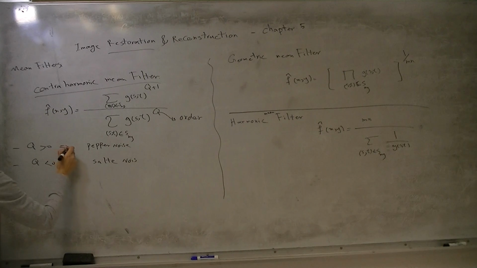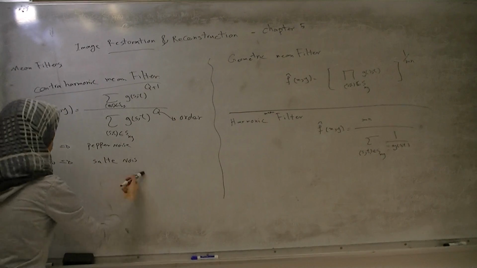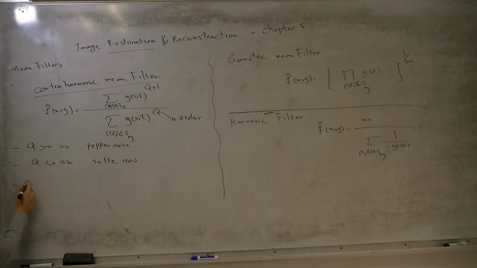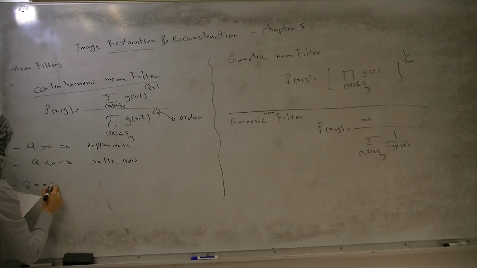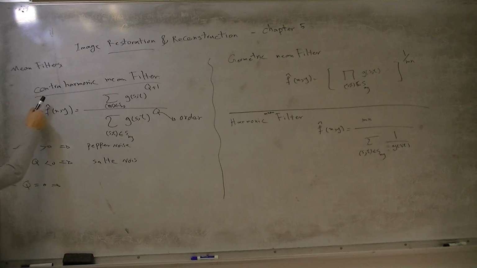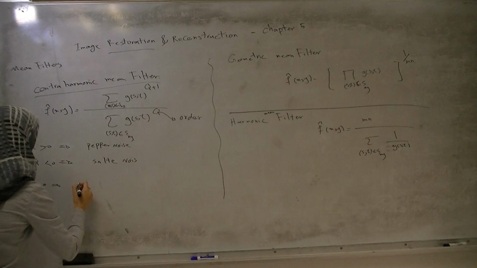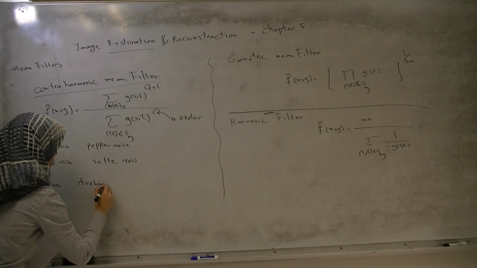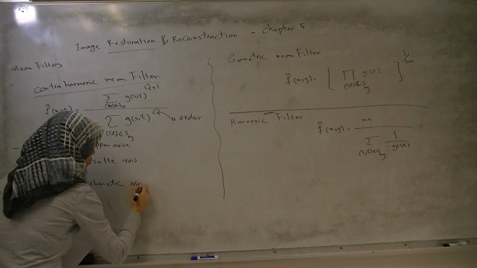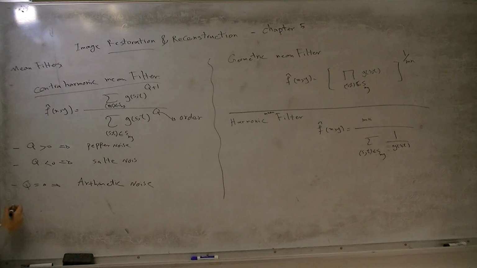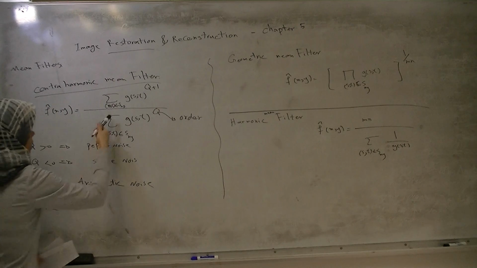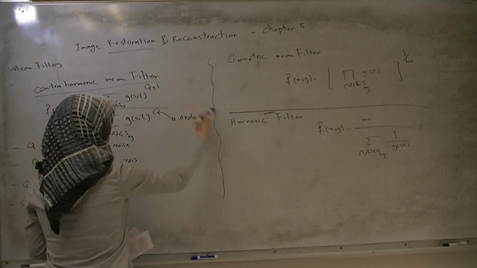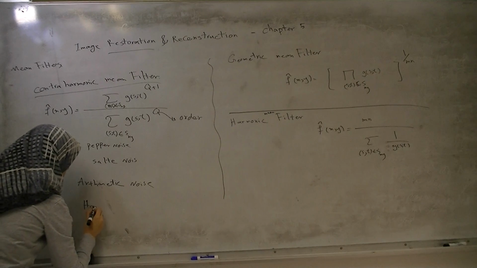And if Q is equal to 0, the contraharmonic filter just becomes the arithmetic mean filter, so it can do what the arithmetic mean filter can do. And also if Q is equal to -1, the contraharmonic mean filter becomes the harmonic mean filter.